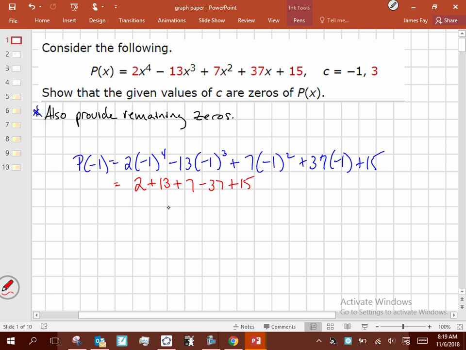When I do that, okay, this should equate to 0, right? Okay, 2 plus 13 is 15. 15 plus 7 is 22. Plus another 15 is 37. So I got negative 37, positive 37. That equates to 0.